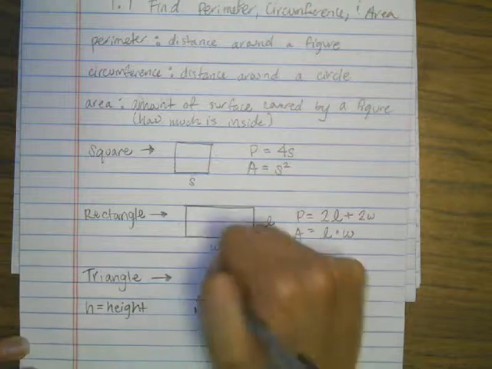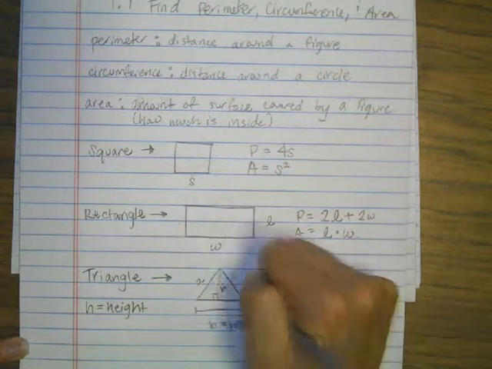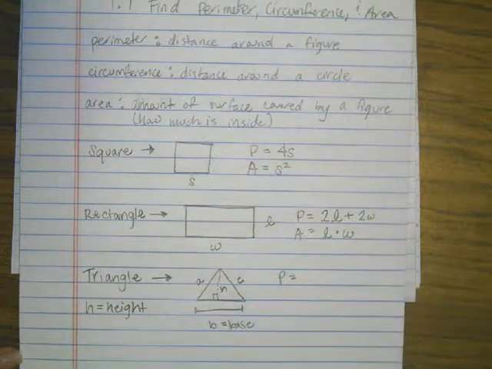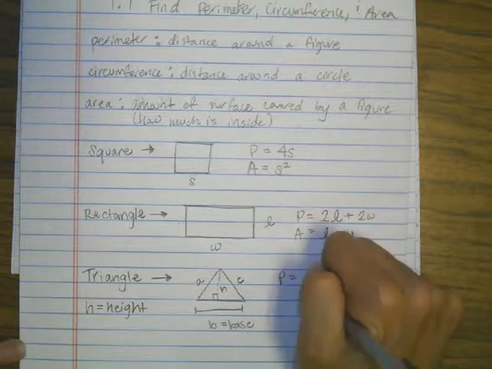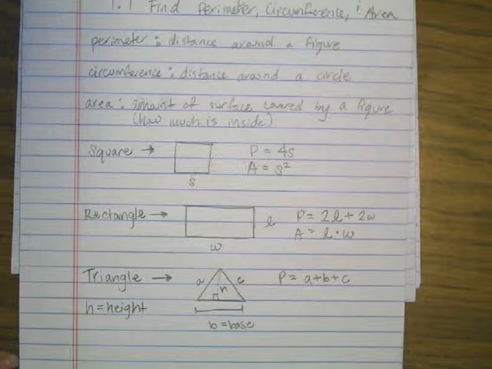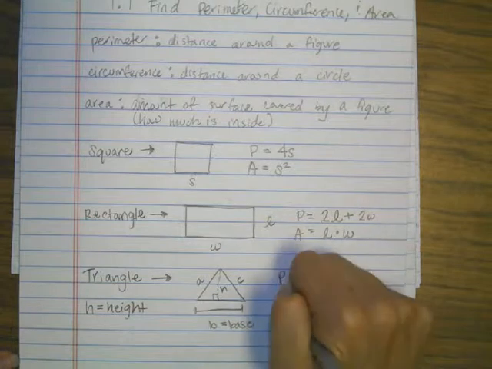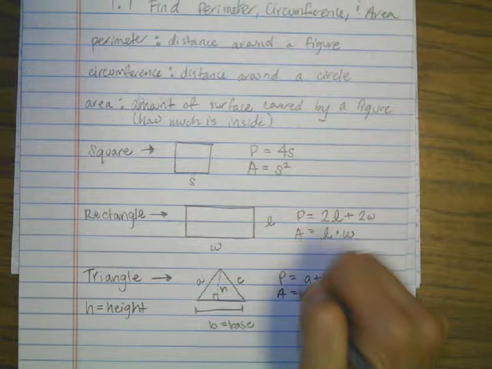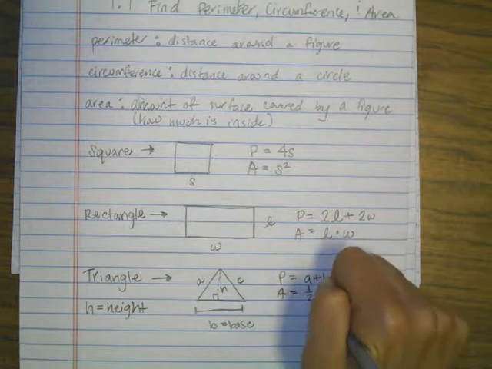We'll call this other side A and this other side C. So for perimeter, you just add all the sides together because we want to know the distance around. So A plus B plus C. And for the area, it's 1/2 base times height.